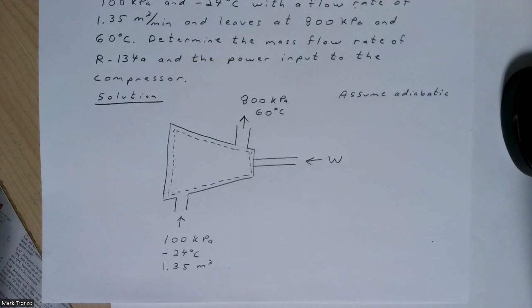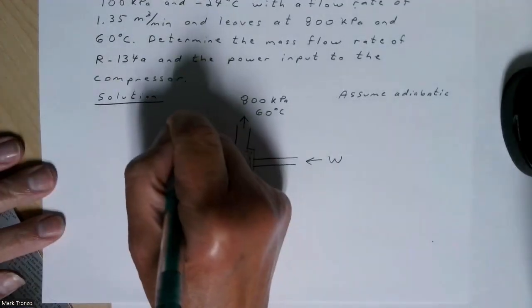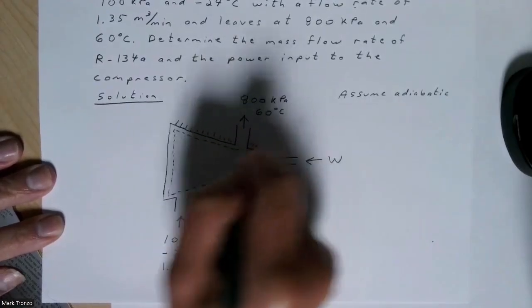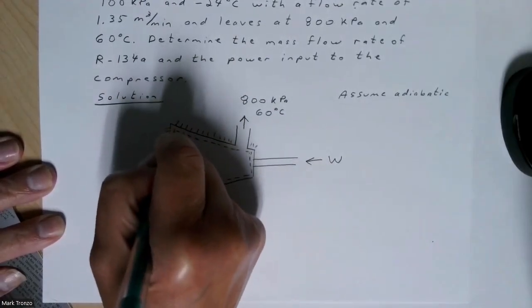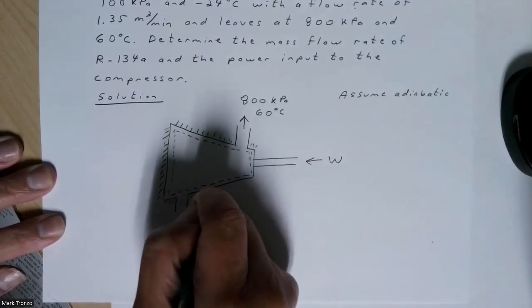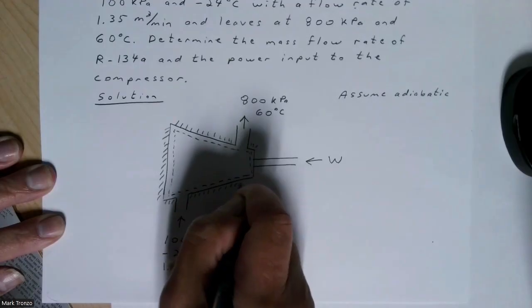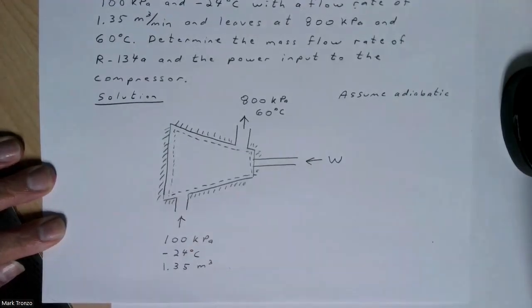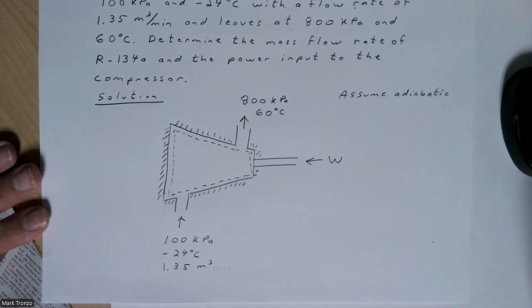Again, for compressors, it's not necessarily going to always be adiabatic, but I think in this case, since we're not given a lot of information, we can assume that. So it's going to be insulated. So I put these marks right there to show it's insulated.